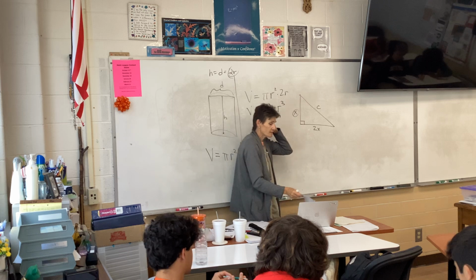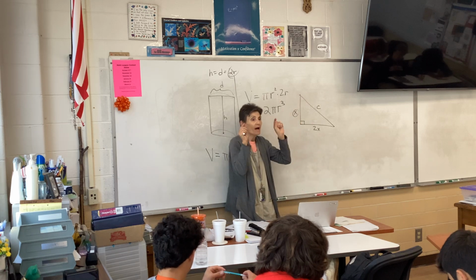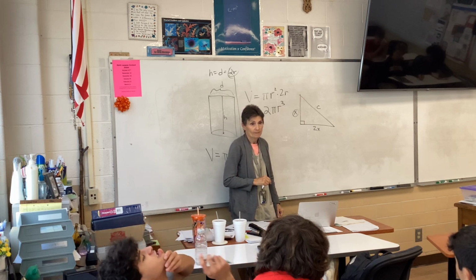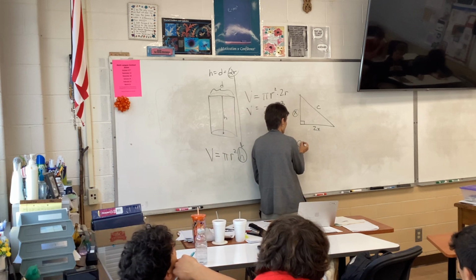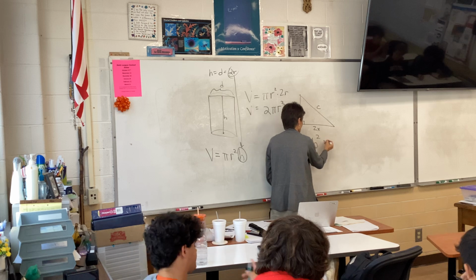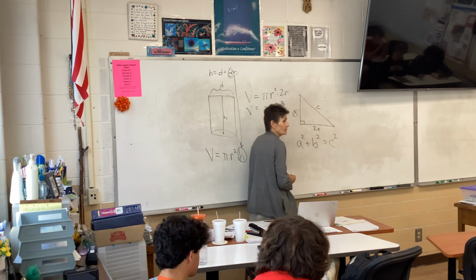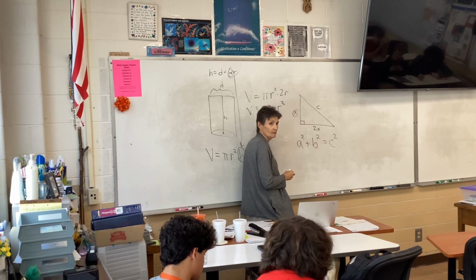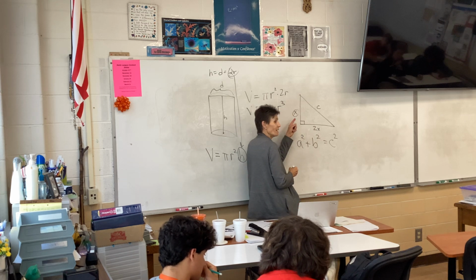Now, just forget all that stuff. How do you find the hypotenuse of a right triangle? It's a squared plus b squared equals c squared, right? And what are a and b? A and b are the legs. Okay, so what are my legs?